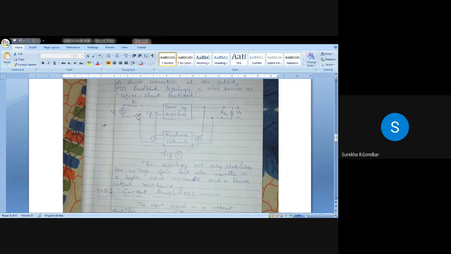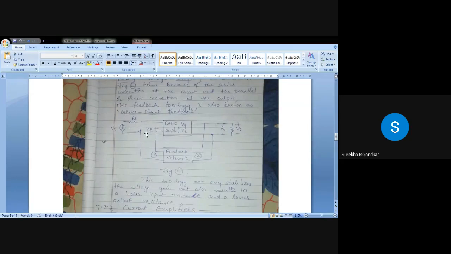It is in series form. If we have this type of connection, then it is series mixing of voltages. That is, Vs minus Vf will be the net voltage appearing as input to this basic amplifier. The output quantity which we are sampling is also voltage.